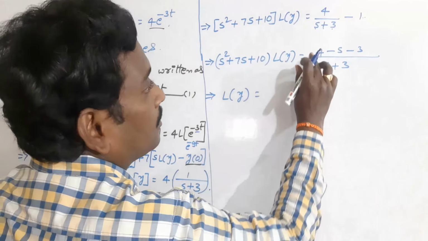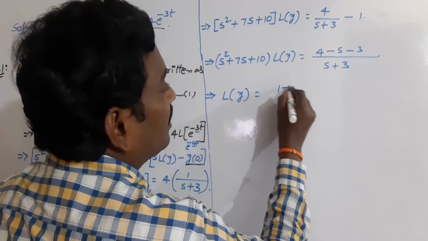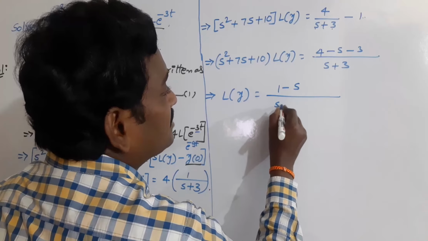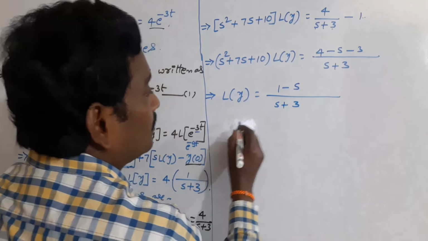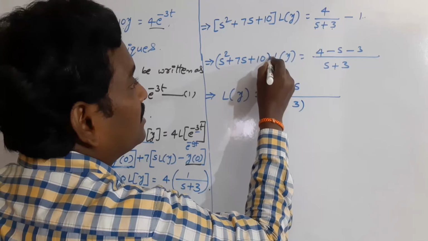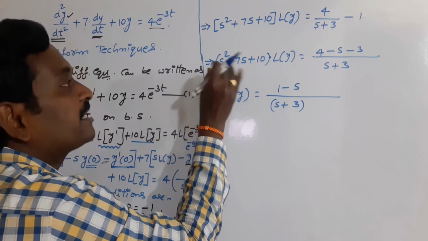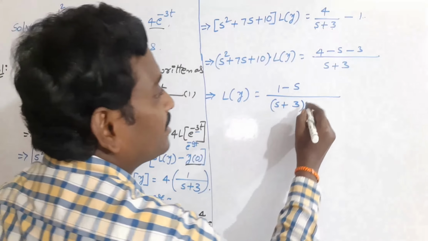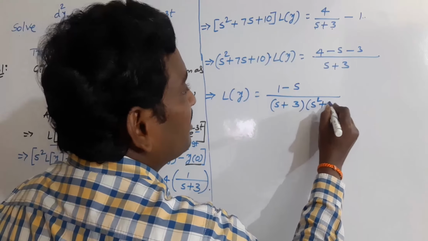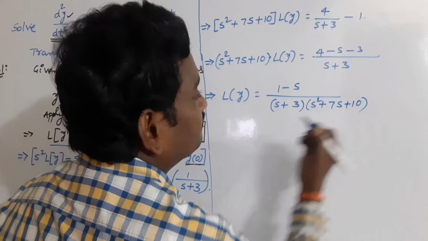So 4 minus 3, 1 minus s, whole by s plus 3. Since this quadratic term is in product, if we take it to the right hand side, it goes to the denominator. So it would be s square plus 7s plus 10.